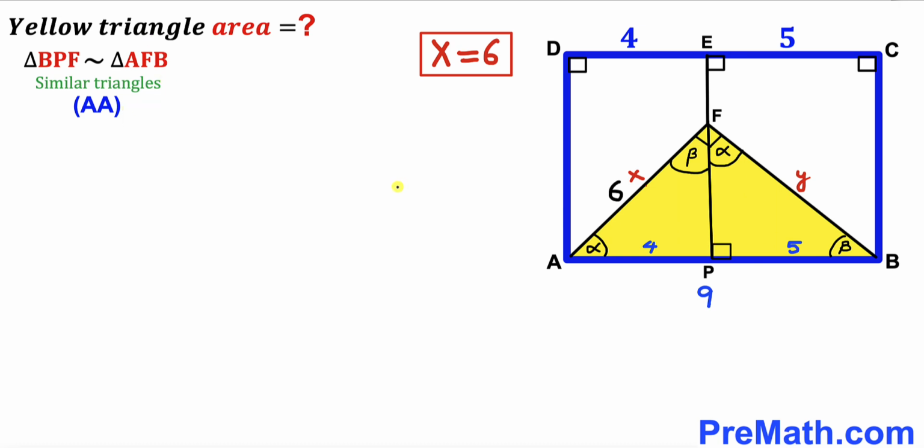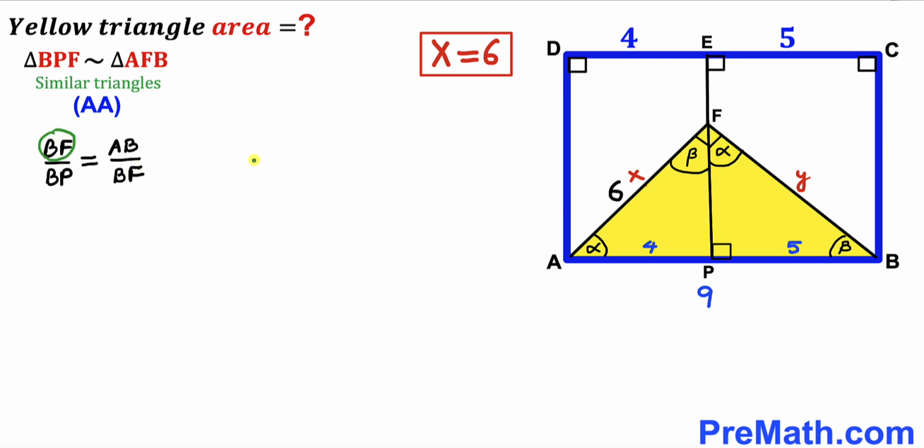So we are going to have a proportion, a ratio of BF and BP, and that is going to be equal to the ratio of AB and BF.